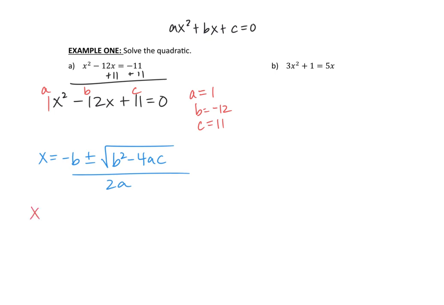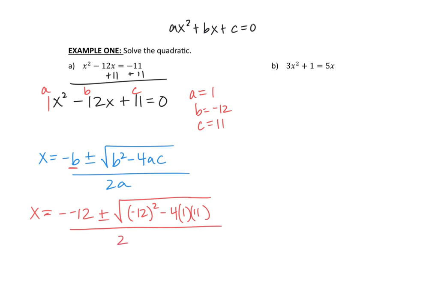So I'm going to put x equals, instead of b here, it says negative b. So I have negative 12, which turns into a positive 12. Plus or minus the square root. It says b squared. Well, b is negative 12, so I'm going to use parentheses. Minus 4 times a, which is 1, times c, which is 11. And then all over 2 times a, which is 1.